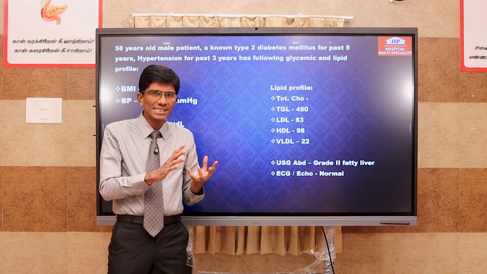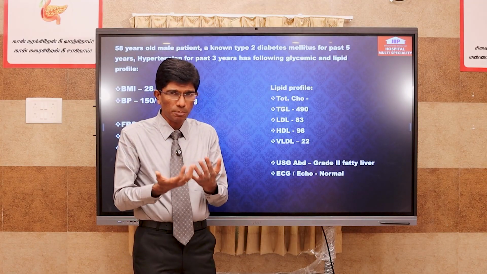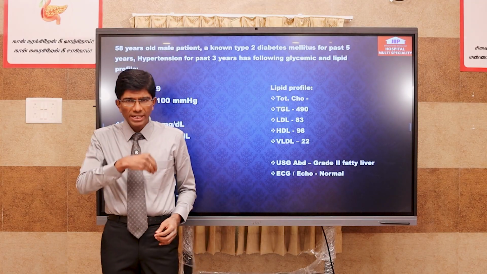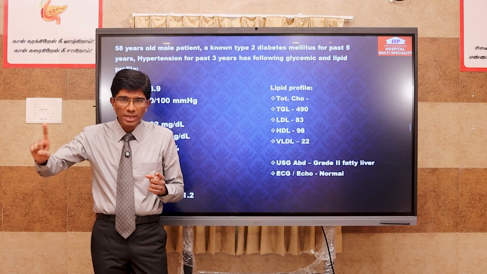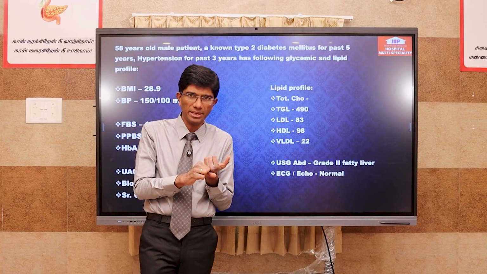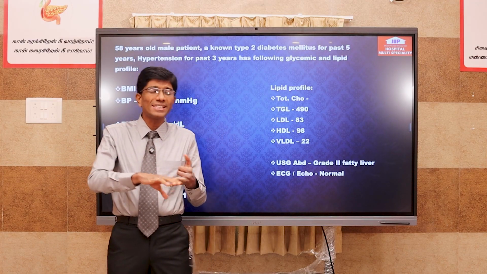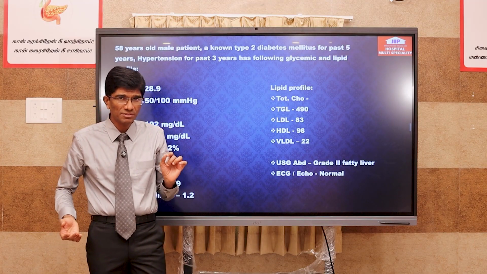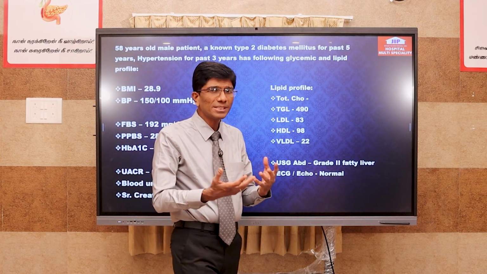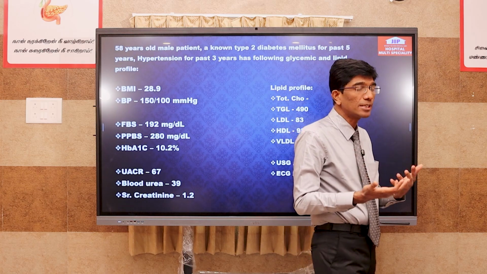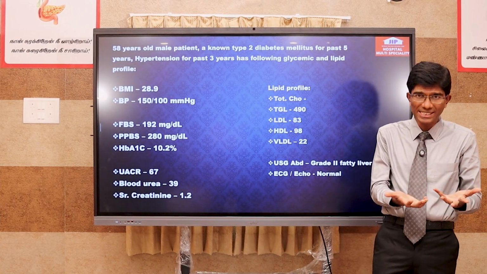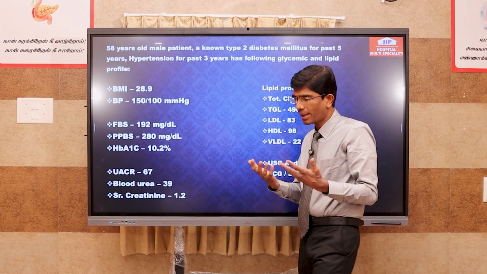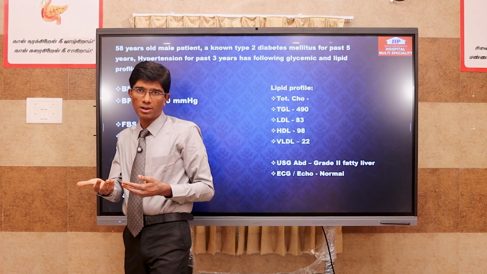The problem with drugs which release insulin is that whether you eat or not, they continue to act. So hypoglycemia is very common. It releases insulin irrespective of your glucose level, when it comes to the action of sulfonylurea. So when a disproportionate amount of insulin is released from the beta cells, what happens? Insulin is an anabolic hormone.